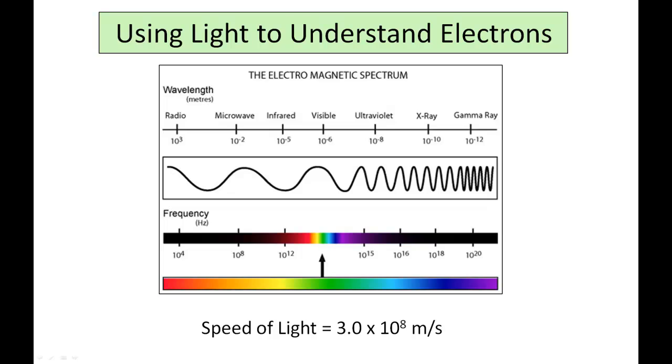This is called the electromagnetic spectrum, and you notice most of these. You know radio. Microwave is what we cook our food in. Infrared is heat. Visible is what humans can see. Ultraviolet gives us suntan. X-ray is what helps us see broken bones. And gamma ray is what we saw in the last section with radioactive decay.